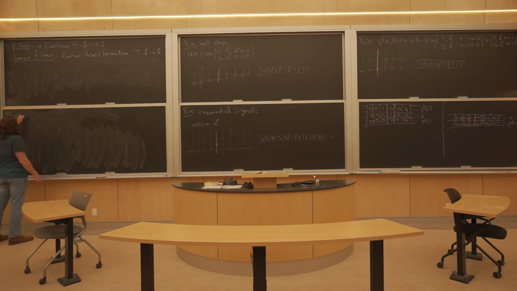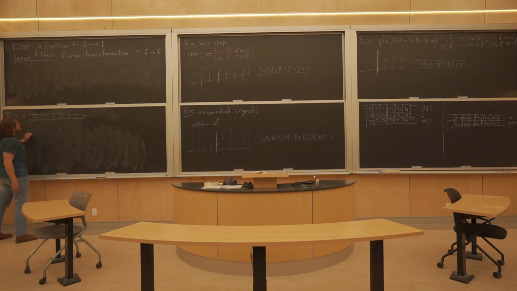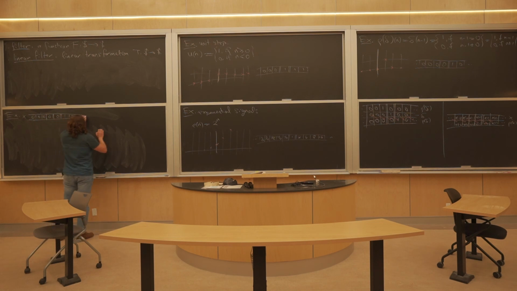I'm just going to draw the ticker tape. And so that's going to be the definition. For negative time, it is 0, let's say. Explicit here. And starting at time 0, let's say it's 0 here, and then 1, 2, 3, 2, 1, 0, and then 0 afterwards. So that's my x.